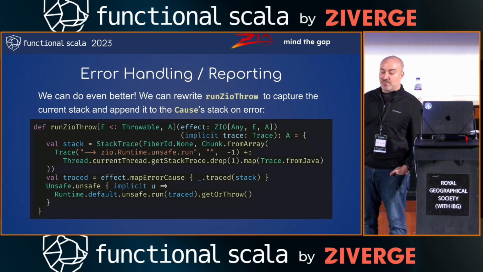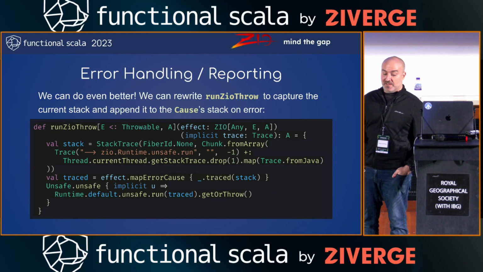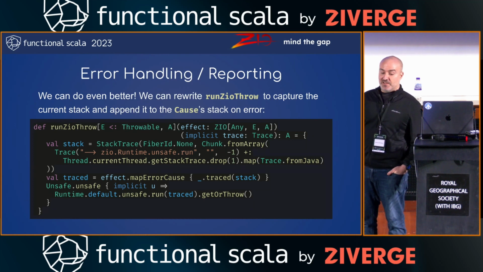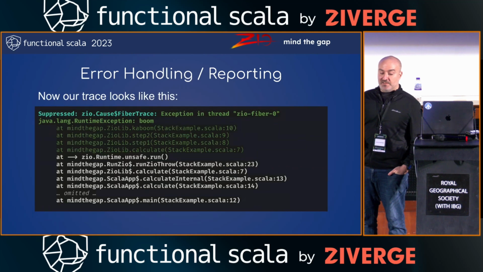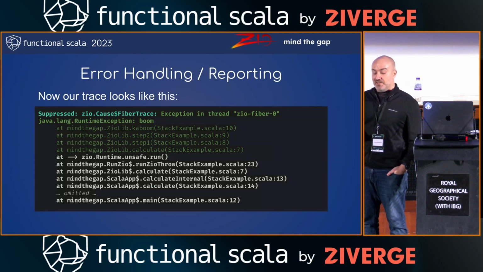This mapErrorCause with the trace basically appends your stack to any error that will be thrown out of this effect. And then what you get is this: I added this delimiter line, so at the top in green you see the regular fiber trace, and at the bottom is the stack trace up to your unsafe run or your ZIO library.